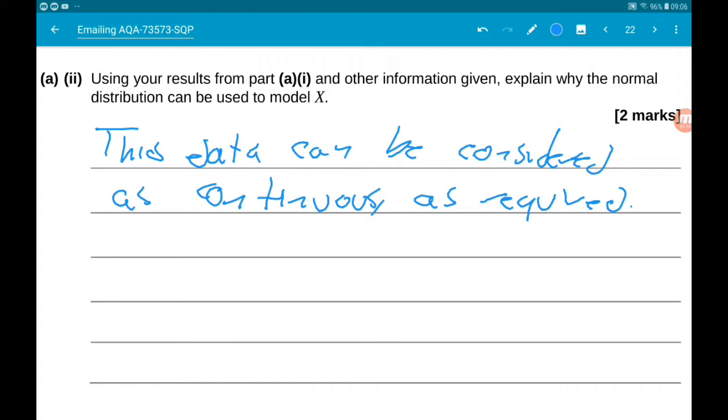So X bar add 3s is, using our numbers, 30.46 add 3 times 4.2, which gives us 43.06, and X bar minus 3s is going to give us 17.86.